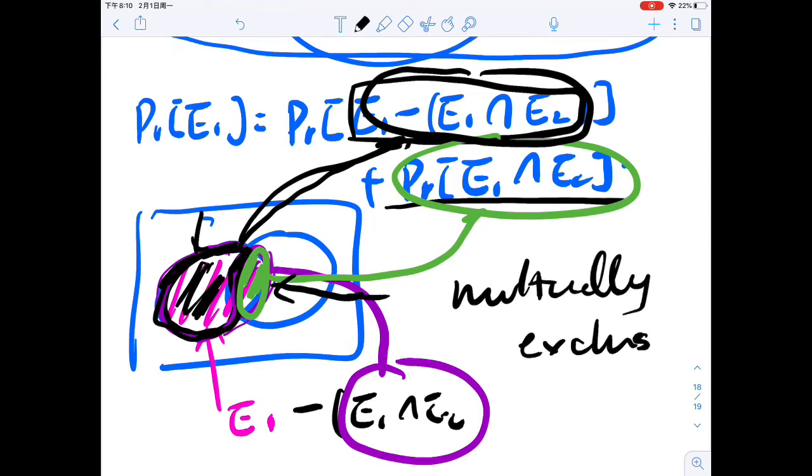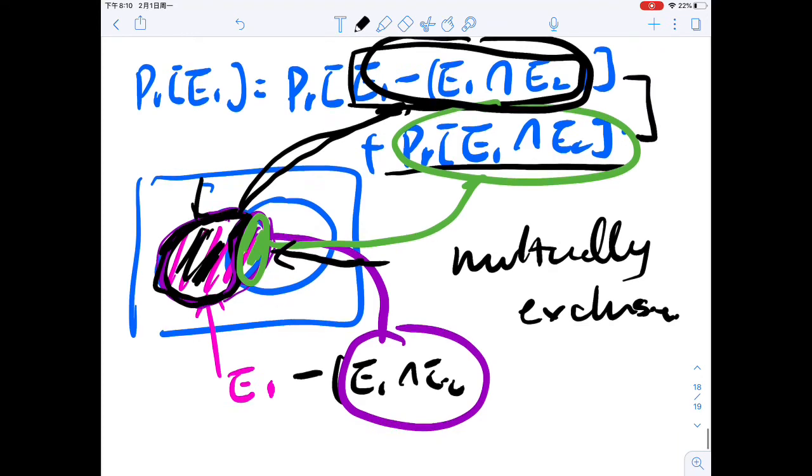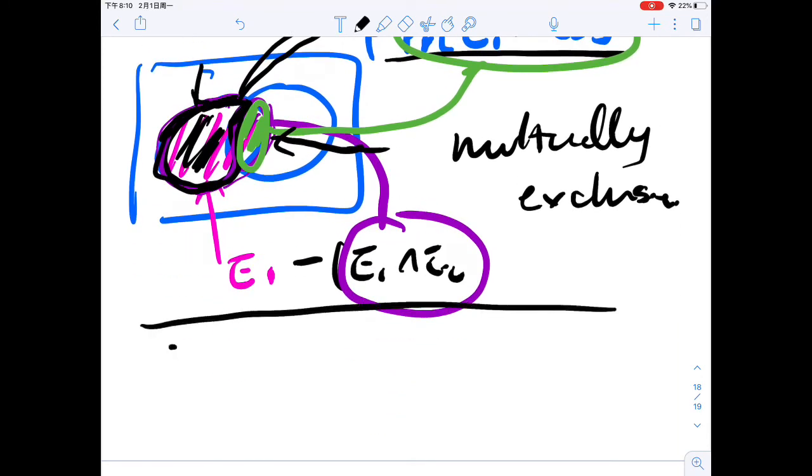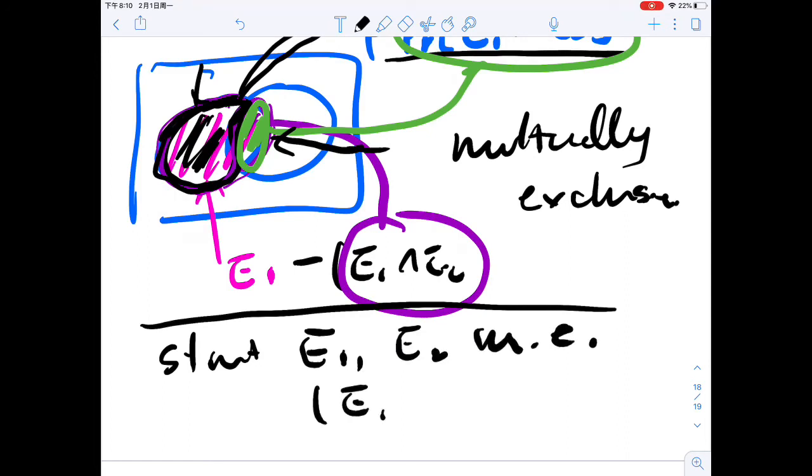Mutually exclusive, right? Again, we have the statement that if E1 and E2 are mutually exclusive, which means E1 intersect E2 is empty. Let me use E and E prime instead, since I have been using E1, E2 here. Say E and E prime are mutually exclusive, which means E intersect E prime is the empty set. Then the probability of E union E prime equals the sum of the probability of E plus the probability of E prime.